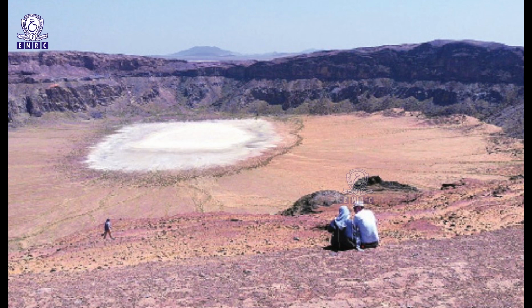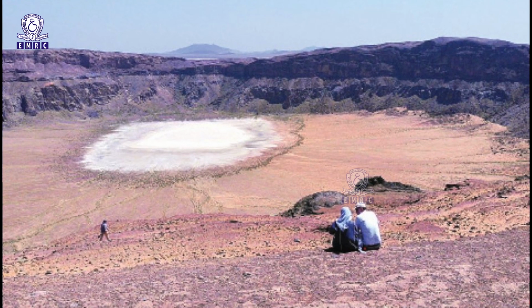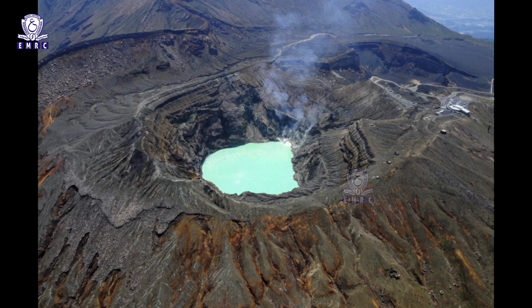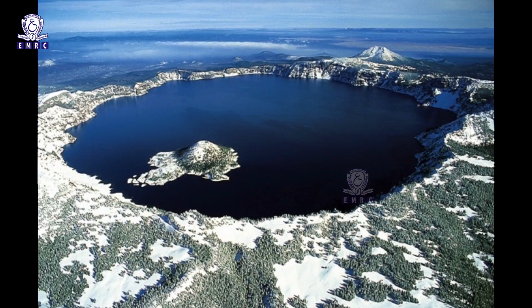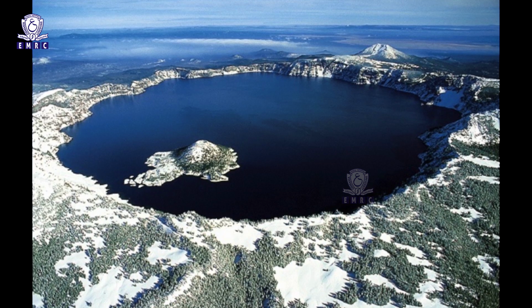The caldera is formed due to the subsidence of the crater. For example, the Aso crater of Japan and Crater Lake of USA are the result of subsidence. Another school of thought is of the opinion that calderas are formed due to violent explosive eruption of the volcano.